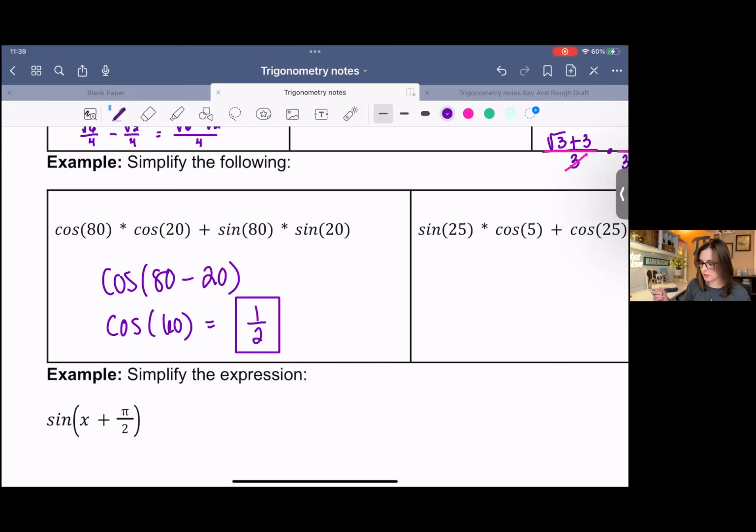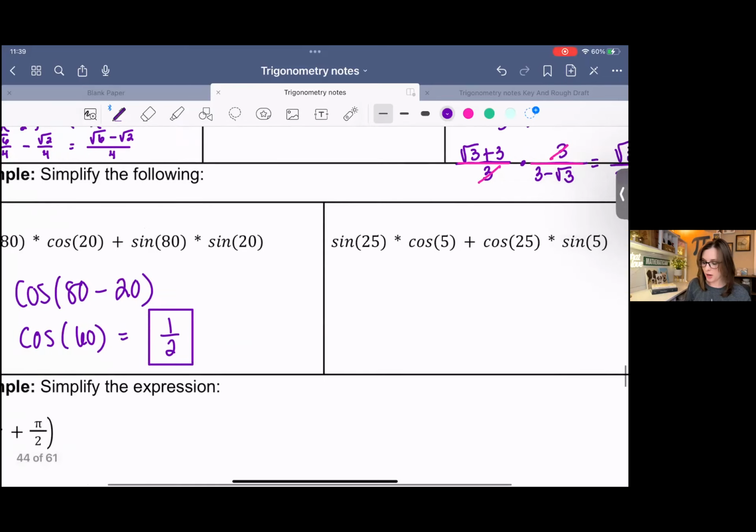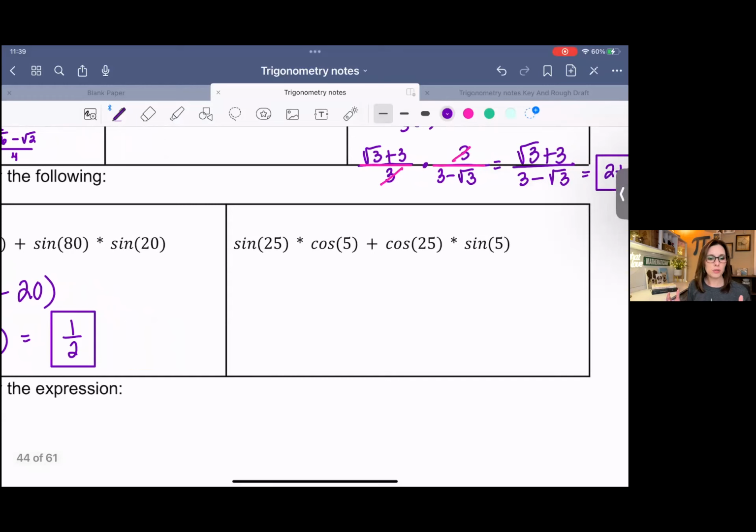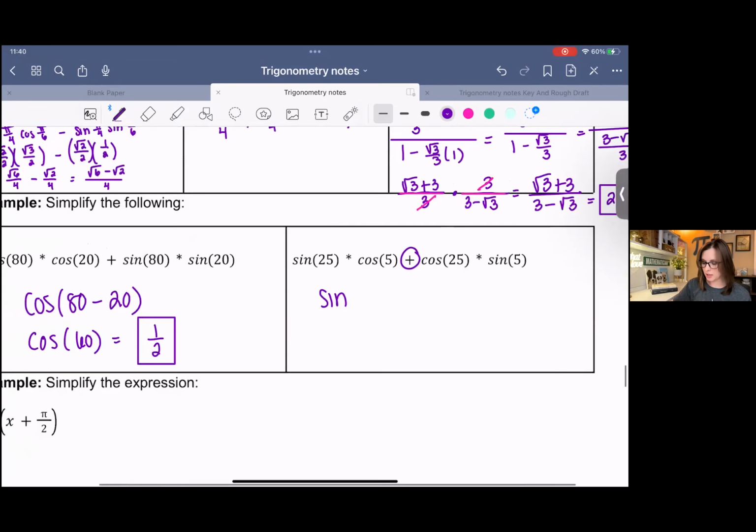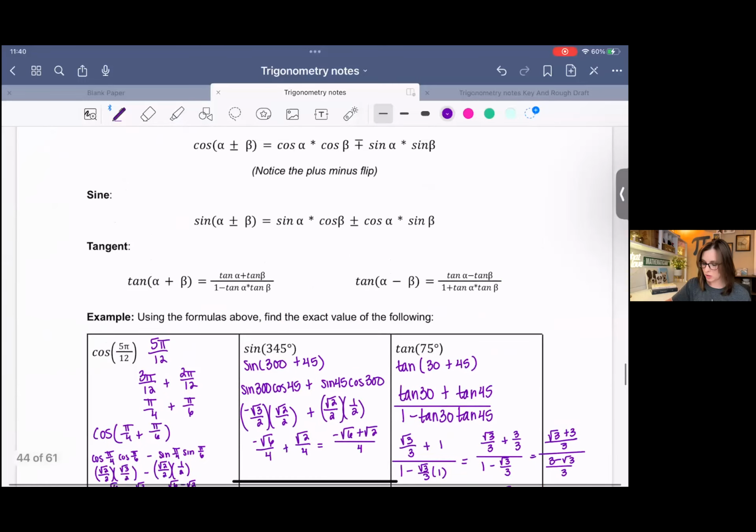And that's it. Then for the one on the right, again, I don't know the sine of 25 or the cosine of 5. So I'm going to have to look at my identities to figure out which one this applies to. It's alternating sine and cosine, so that tells me that it's going to be a sine function. And the plus sign remains a plus sign from my identity. That's from up here.